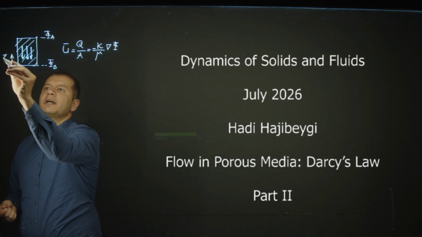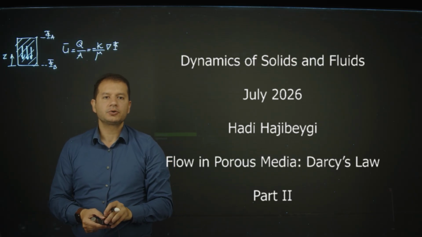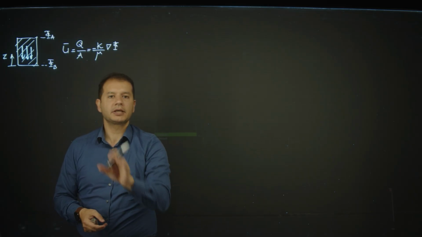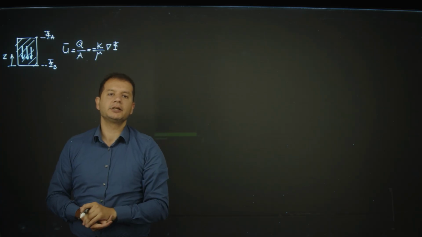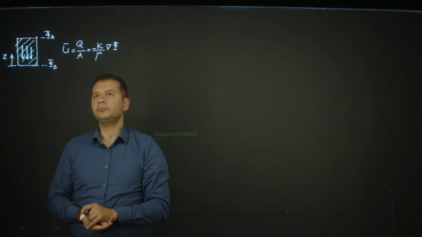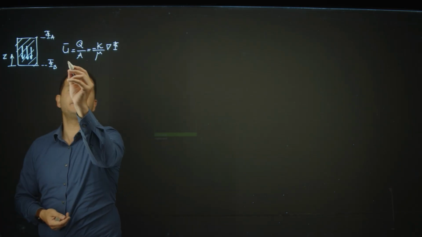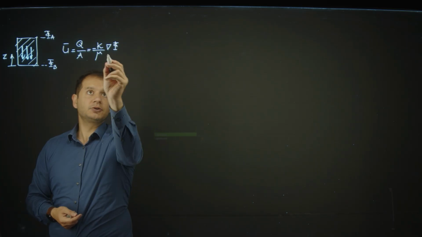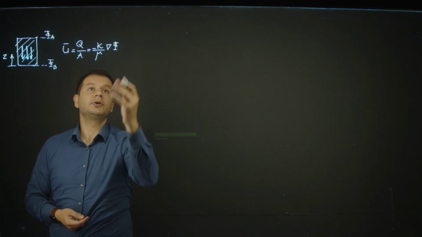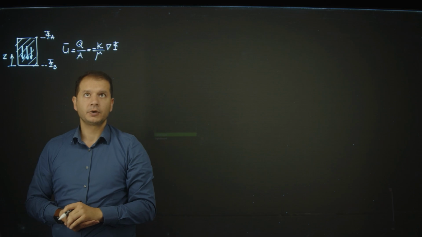Now, in this lecture, I'm going to continue on the topic and complete the storyline of single phase flow in porous media. One thing that we need to note is that velocity is a vector, and the gradient operator applied to a scalar is also a vector.